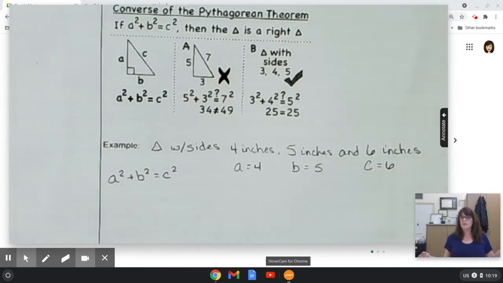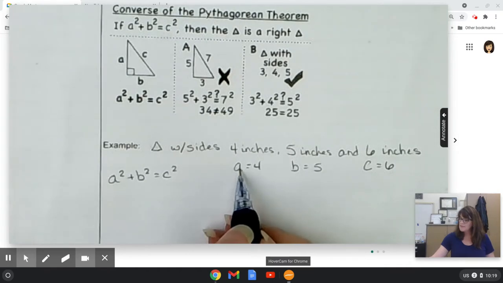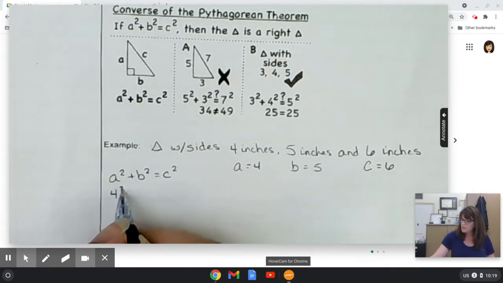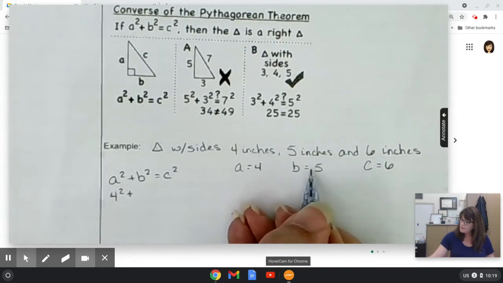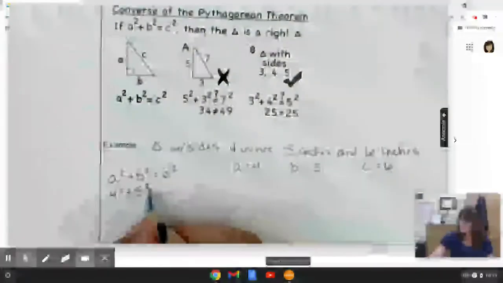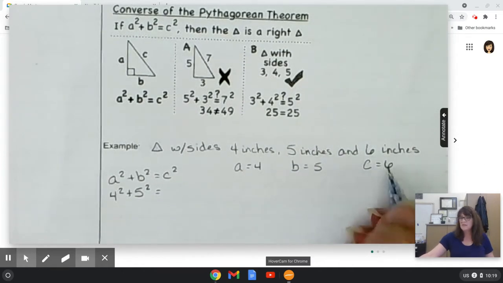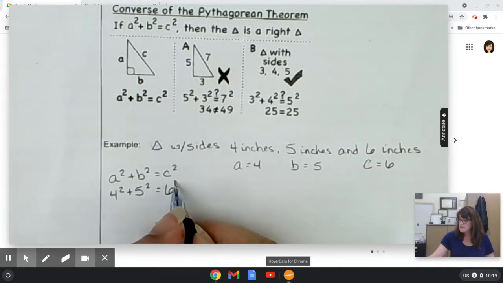Okay, so given that information, A squared plus B squared equals C squared. Given Pythagoras' amazing formula, let's just put in the numbers. Instead of A, 4 squared. Instead of B, 5 squared. And instead of C, 6 squared.